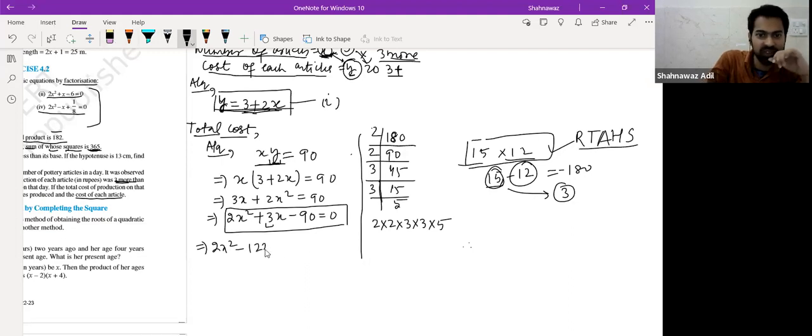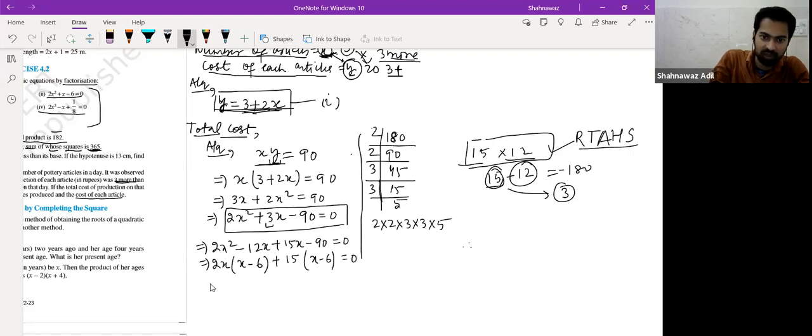I can write 15 also, but then I don't have a common factor. So 2x is common, then x minus 6, and then 15 is common. So x minus 6 and 2x plus 15.